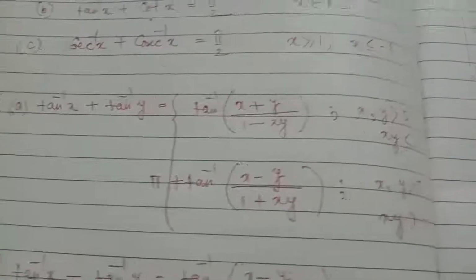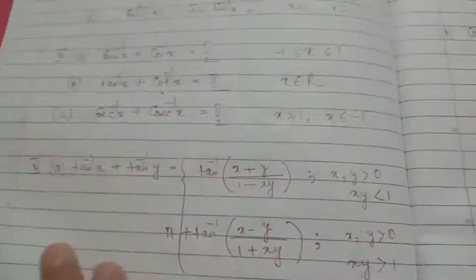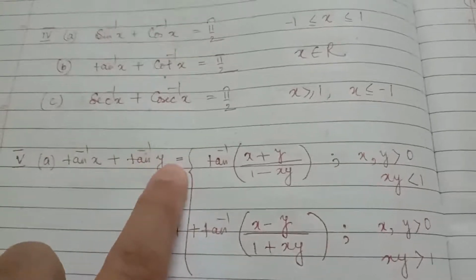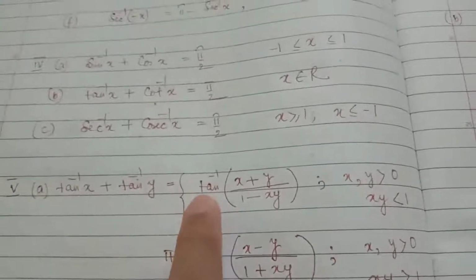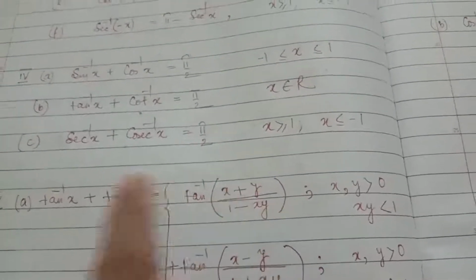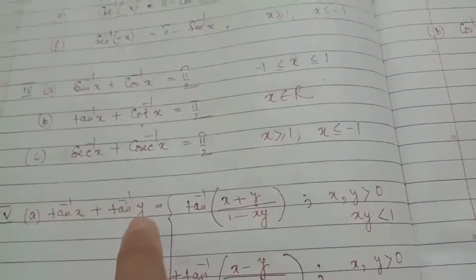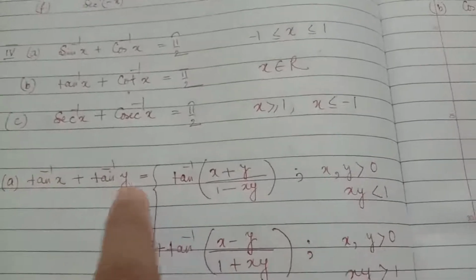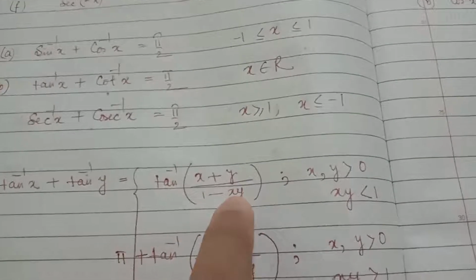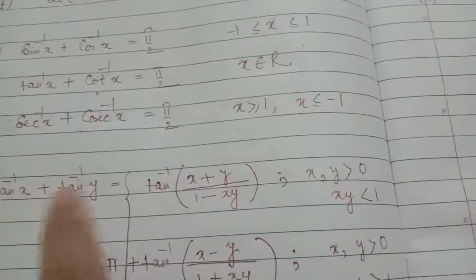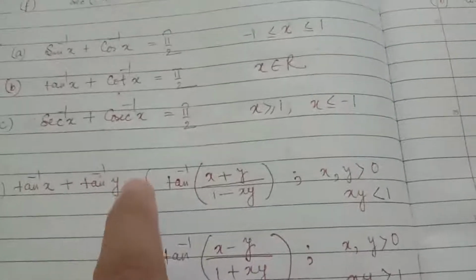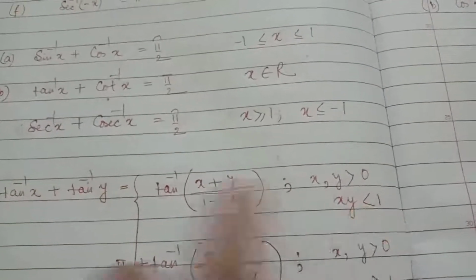Moving to the next theorem, it's very important. Tan inverse of x plus tan inverse of y equal to tan inverse of x plus y by 1 minus xy, when both x and y are positive, x and y more than 0, and x into y is less than 1.